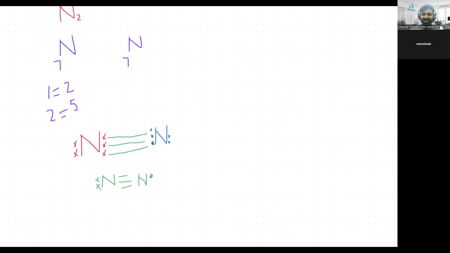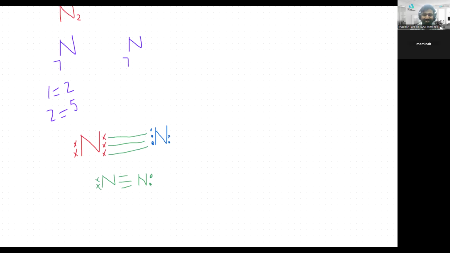Yeah. If I ask you how many lone pairs are present on one nitrogen atom? Number of lone pairs on one nitrogen atom. Two.